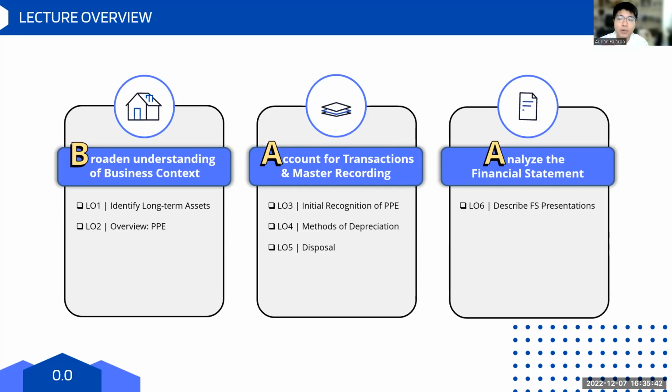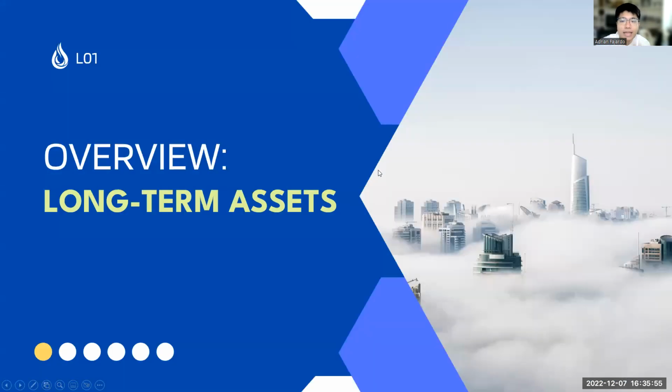After knowing initial and subsequent recognition, the last learning objective would be disposal. At the end, we're going to quickly summarize everything by analyzing it through the lens of the financial statements.